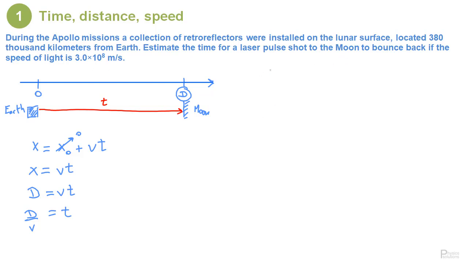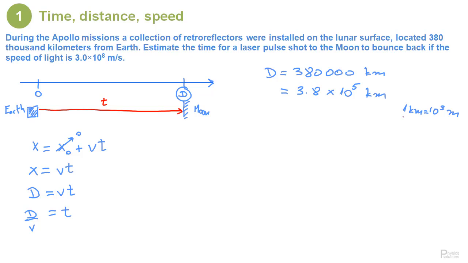So the distance, I will continue here on the right, the distance is 380,000 kilometers. This is a lot of zeros, so we can write this using scientific notation. This is the same as 3.8 times 10 to the 5th power kilometers. Now, this is the unit that I would like to transform into meters. We need to know that 1 kilometer is 1,000 meters, or 10 to the 3rd power meters. Kilo always means 1,000.